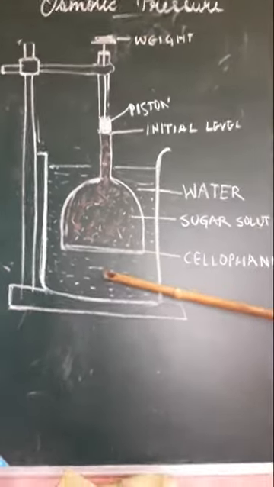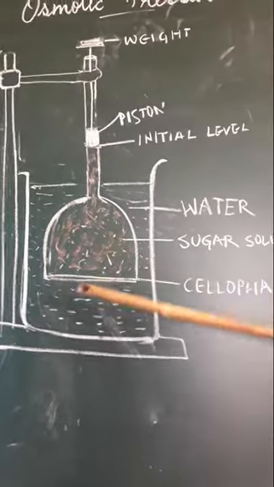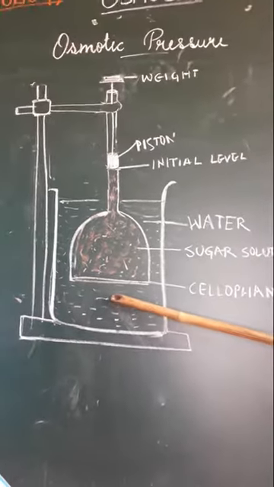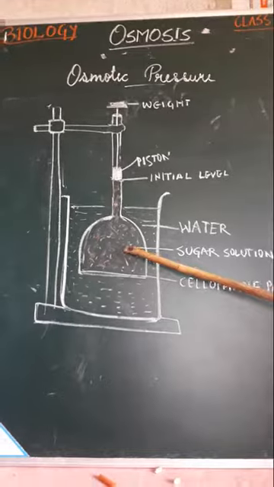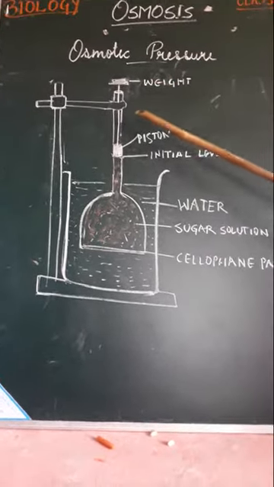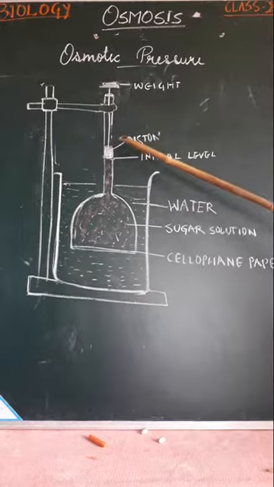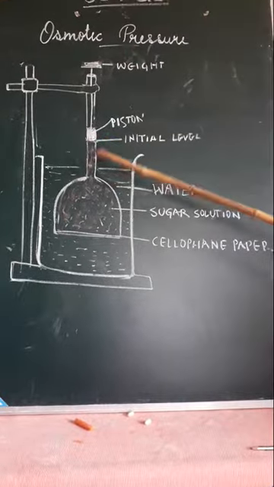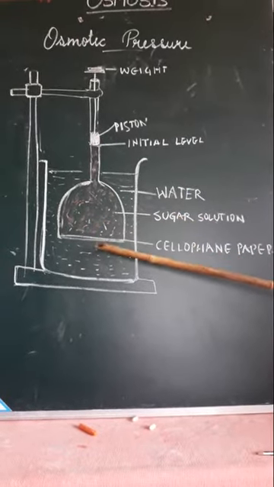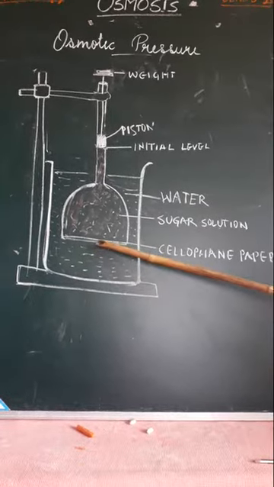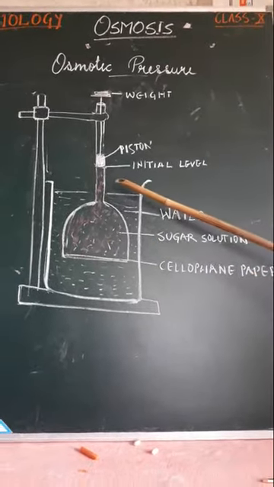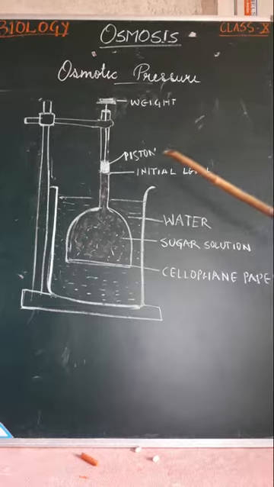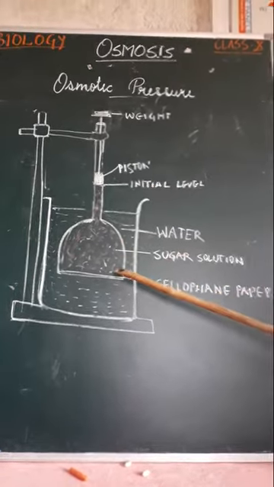So, though the concentration in the thistle funnel is high and the beaker contains water, the movement of water molecules to the thistle funnel will not take place due to the weight put with the airtight piston. Pressure is there, weight is there, and it doesn't allow water molecules to move through this cellophane paper to the thistle funnel. No rise in sugar level. It remains at the initial level. So there will be no osmosis taking place here.